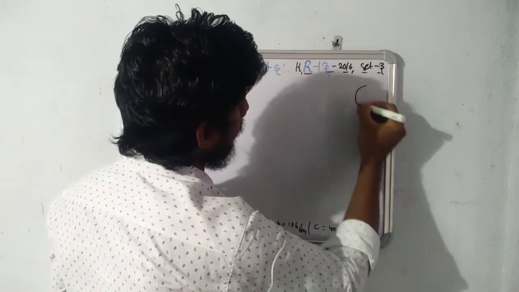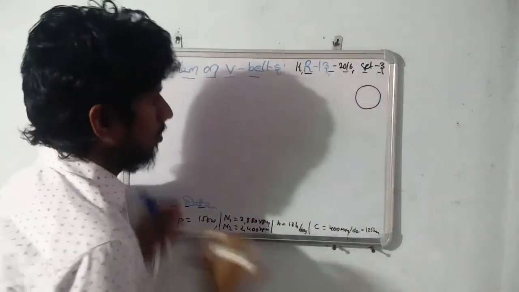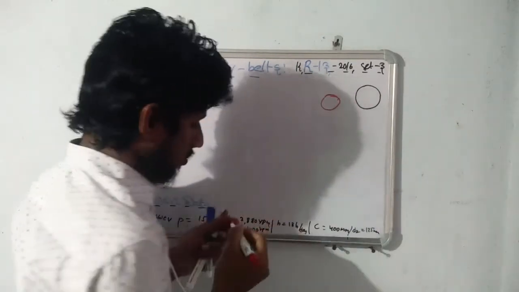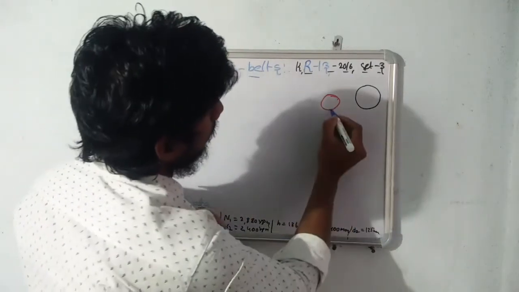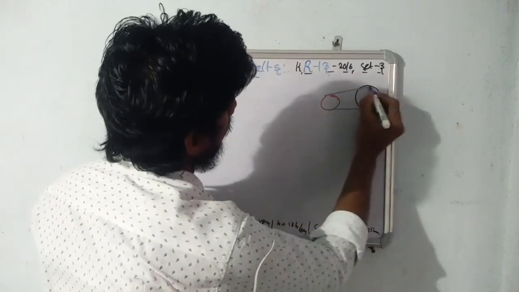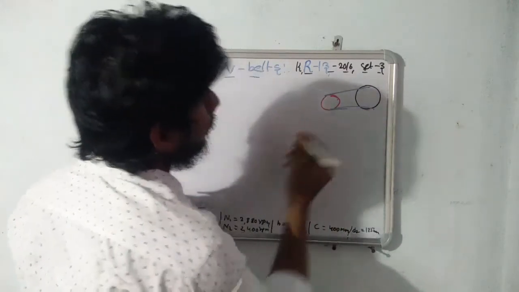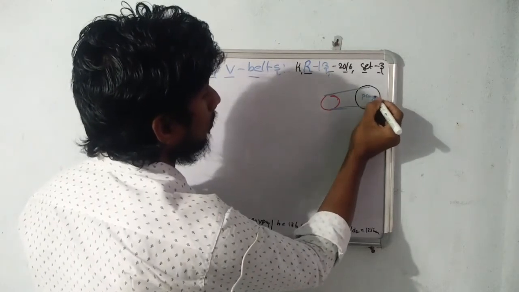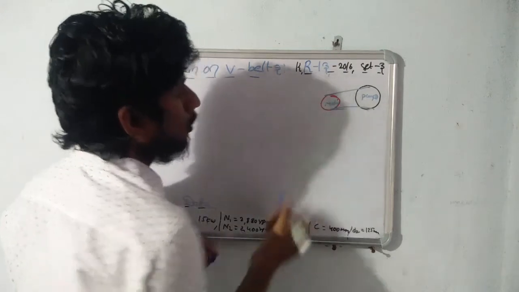Draw the given diagram based on the conditions. So this is the pump pulley, and this one is the motor pulley.